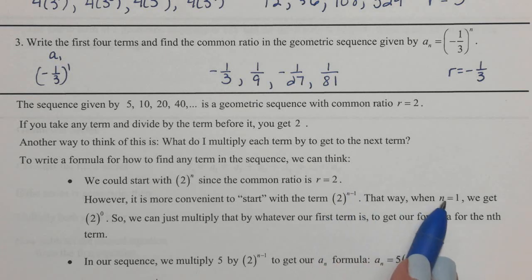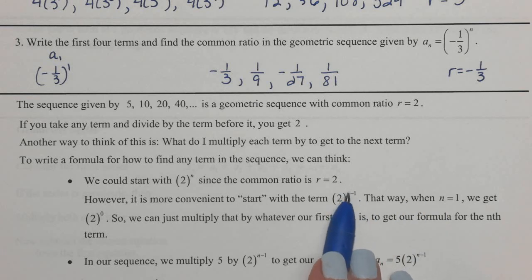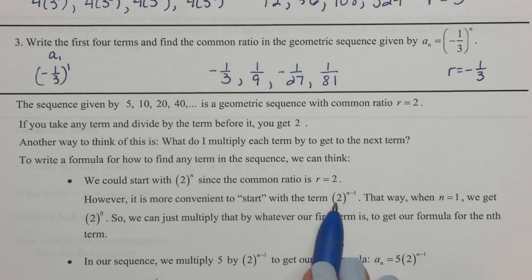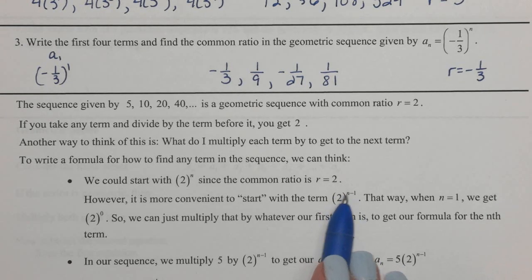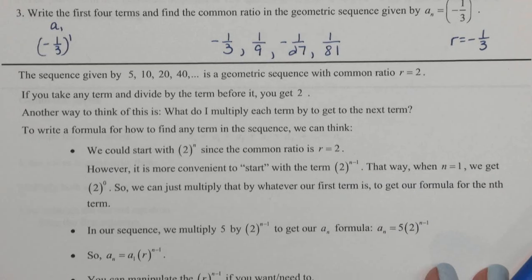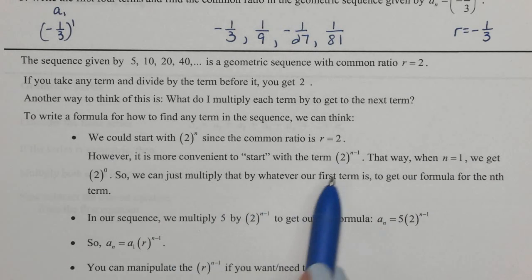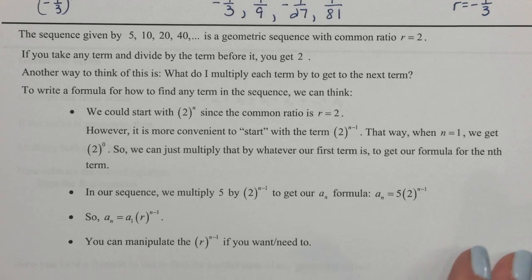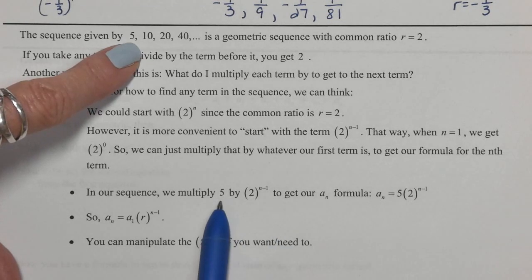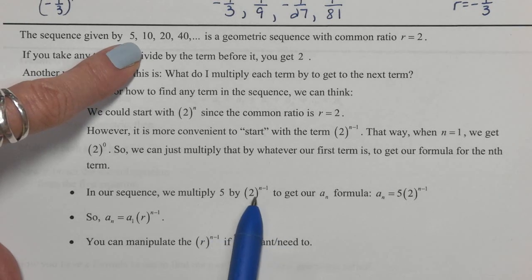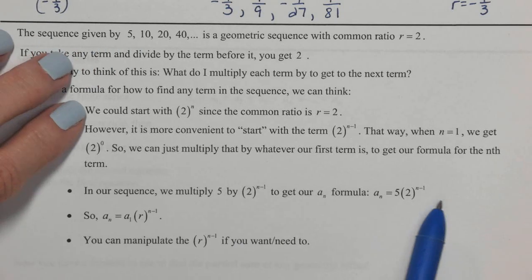That way, when n is 1, we'll have 2 to the 0, which is just 1, so we can just multiply that by whatever the first term in our sequence is. Okay, so for this one, the first term is 5, and our common ratio is 2. If we multiply 5 by 2 to the n minus 1, we get our formula.